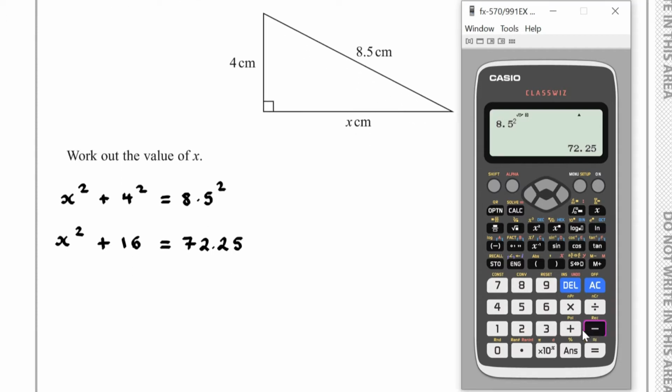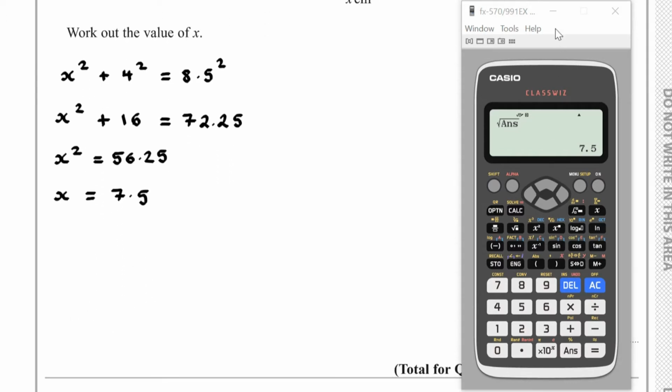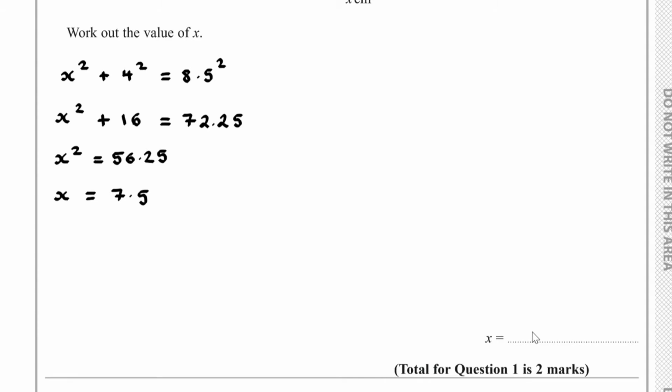And if I subtract 16 from both sides, we have x squared, which is equal to 56.25, and therefore square rooting to find out what x is, it turns out x is equal to 7.5. And so x is 7.5.